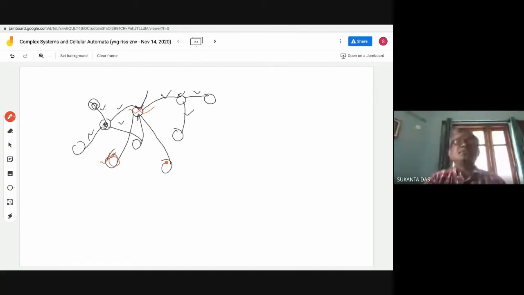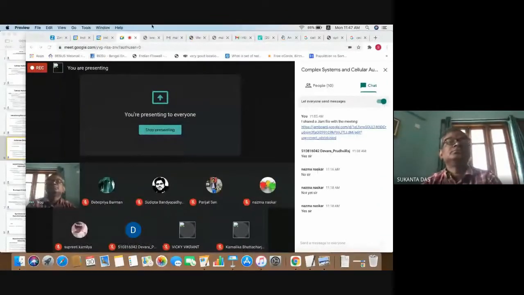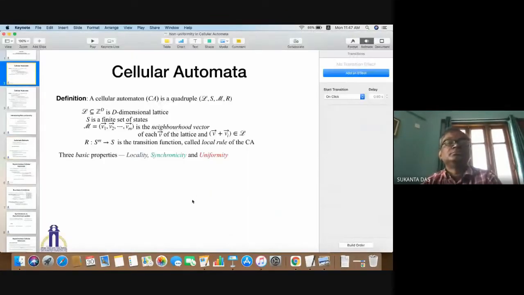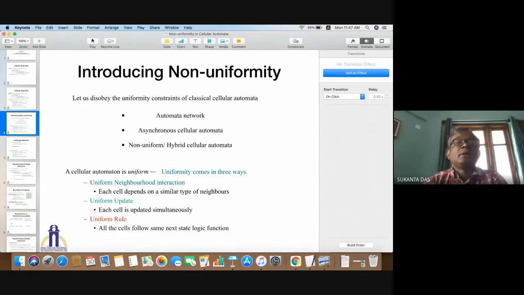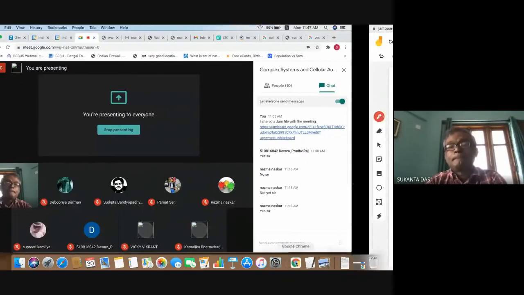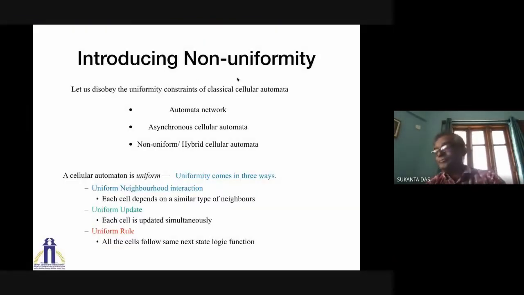Also, it violates the uniform grid structure, the lattice structure. The network is an irregular network. So we don't want to discuss more about automata network.